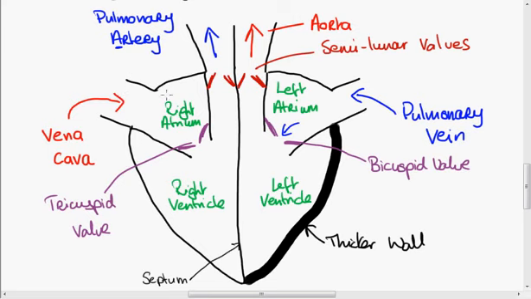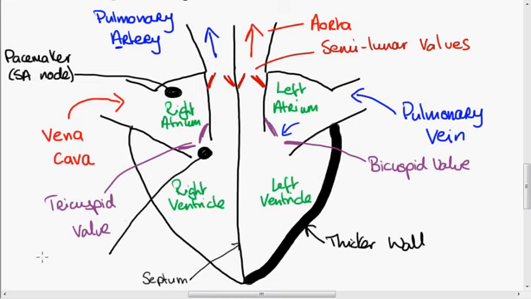Now after this we have got the nodes. So there's a node here, and there's a node here. Now this one is called a pacemaker, or SA node. Sinoatrial node. Whereas this one here is called the AV node, atrioventricular node.